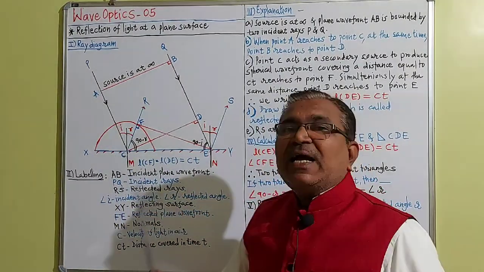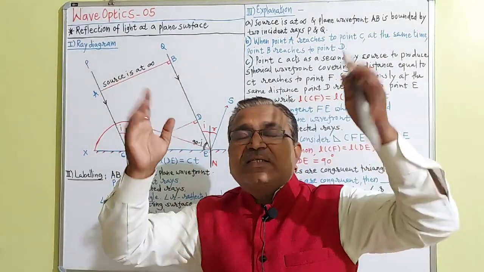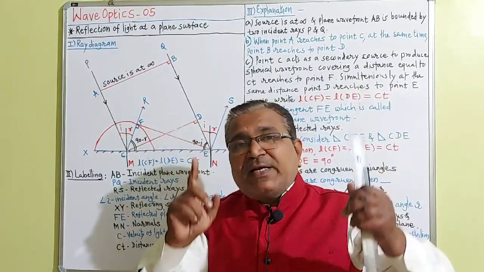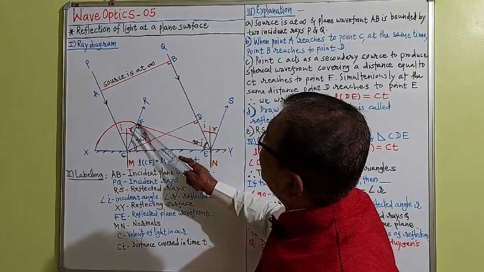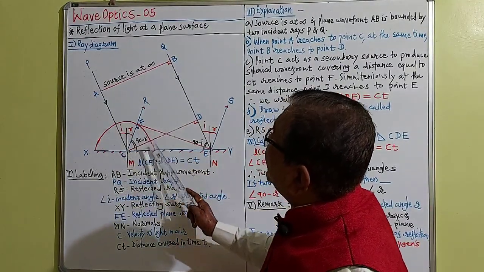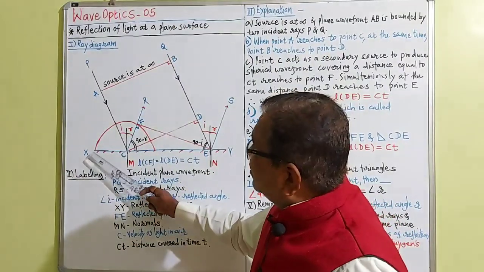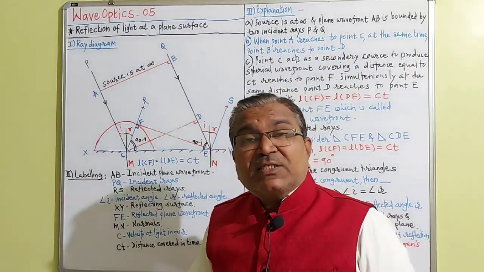this point C acts as a secondary source, sending out secondary waves in the forward direction, covering a distance equal to CT, that is CF, to produce a spherical wavefront as shown in the figure by this red half circle.